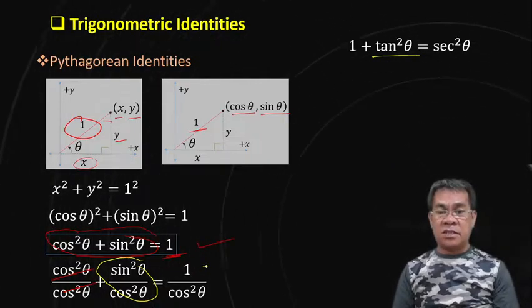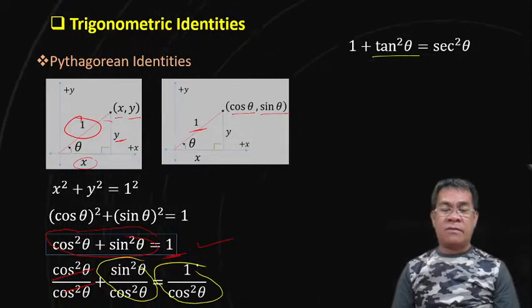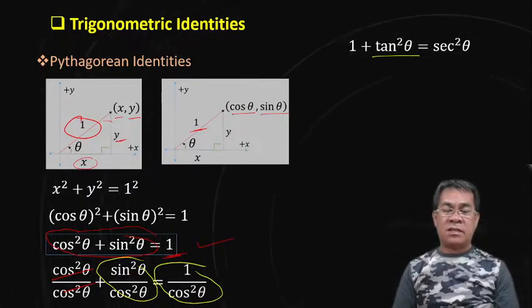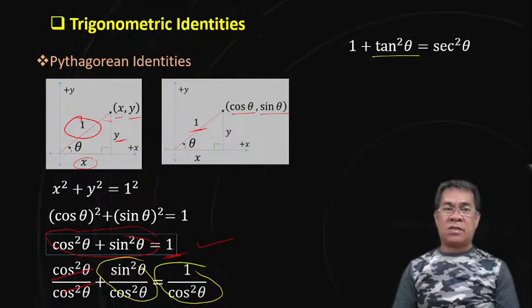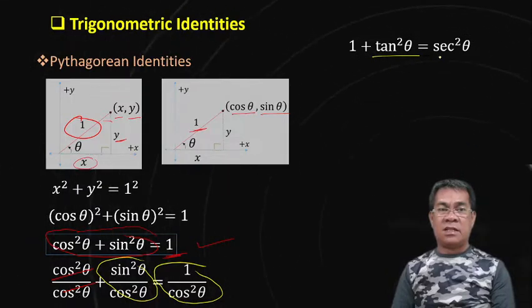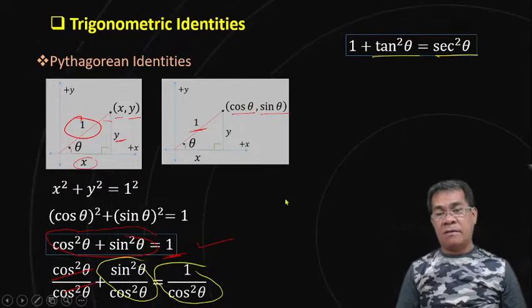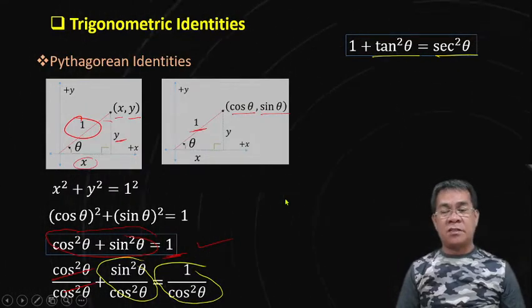And take note that in our fundamental identity, the 1 over cosine square theta is just equal to the secant square theta.